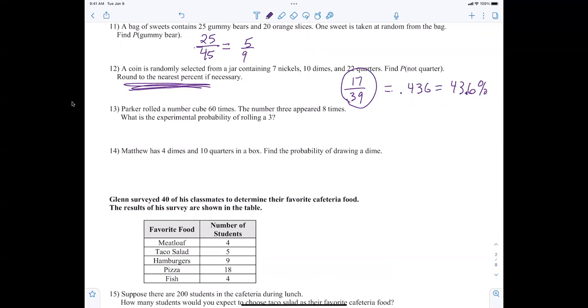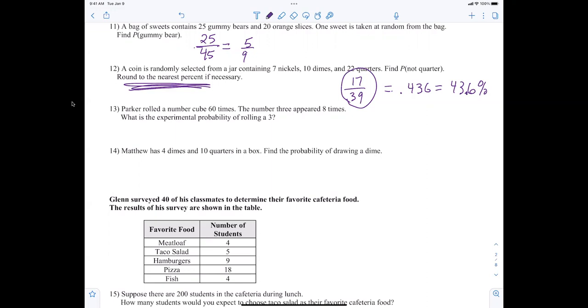All right, let's do 13 together. Parker rolled a number cube 60 times and the number 3 appeared 8 times. What is the experimental probability of getting a 3? Come on, who's been quiet today? Who's going to help me out with number 13?